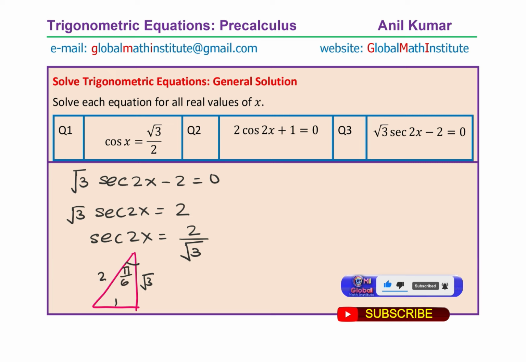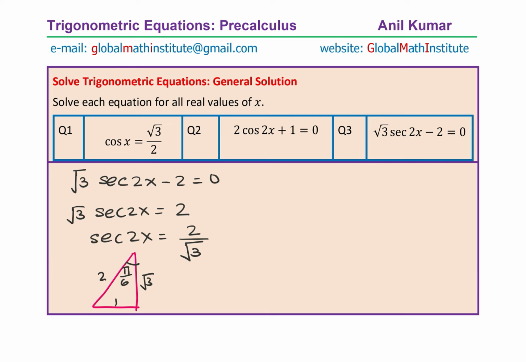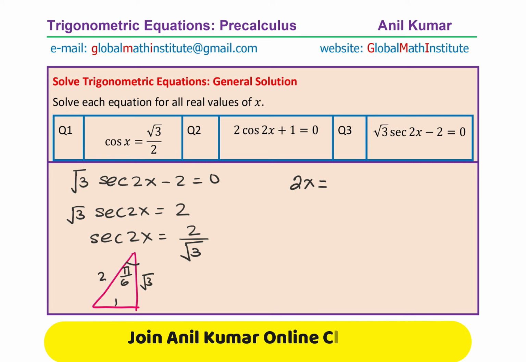For secant 2x equals to 2 over square root 3, means hypotenuse over adjacent side, right? So clearly from here, we get that 2x should be equal to what? Well, angle is pi by 6, and therefore it is going to be general solution of 2n pi plus or minus pi by 6. Make sense?